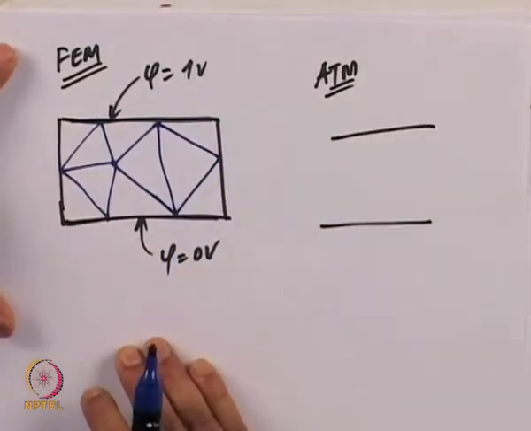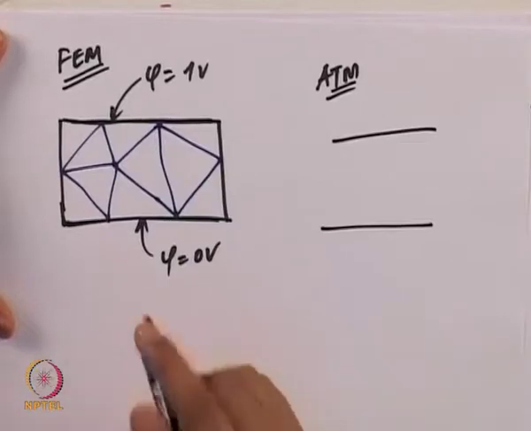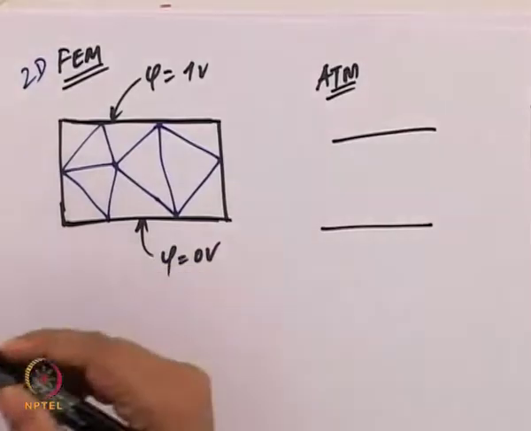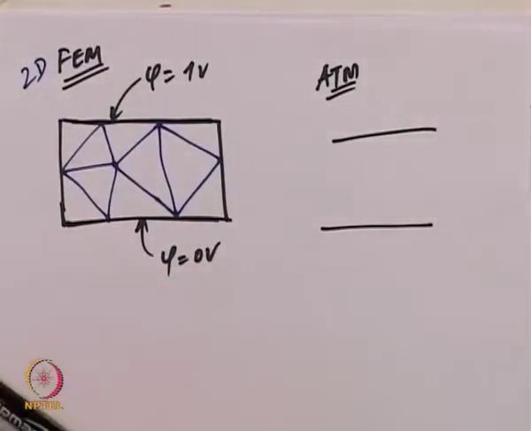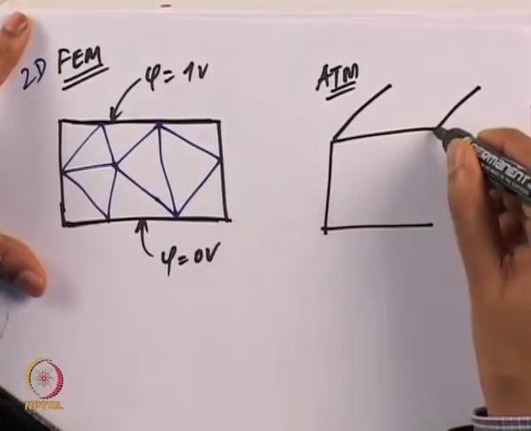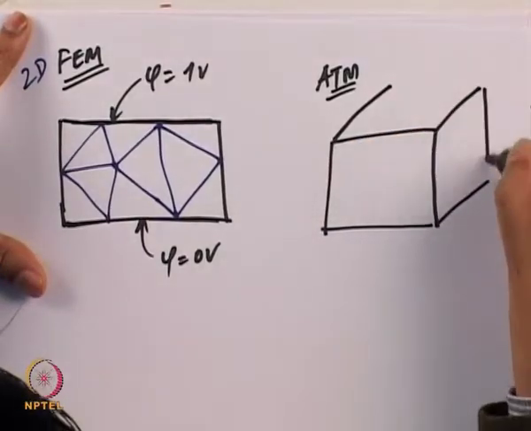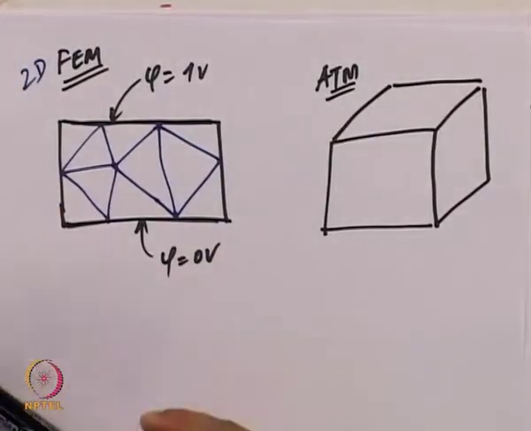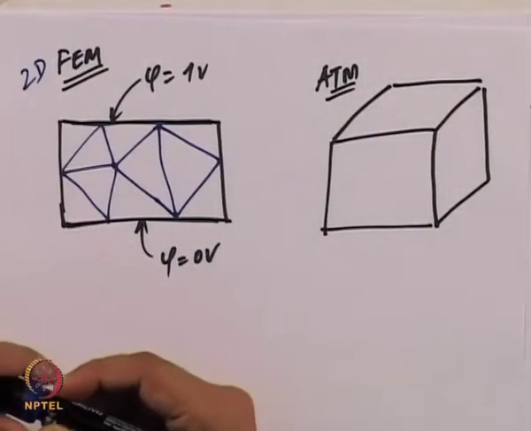So let's say this is our problem in the case of 2D FEM. This is a 2D problem, and in the case of ATM, as I said, we essentially need to go to the third dimension because we need certain parameters.